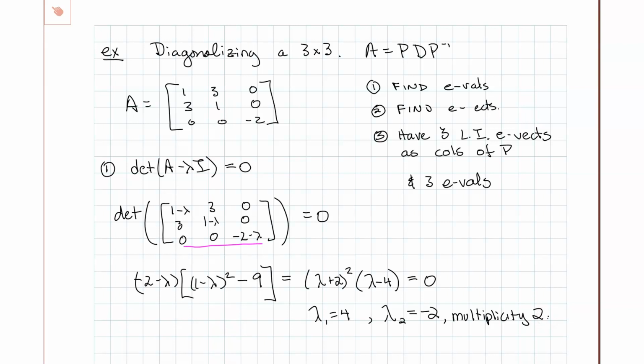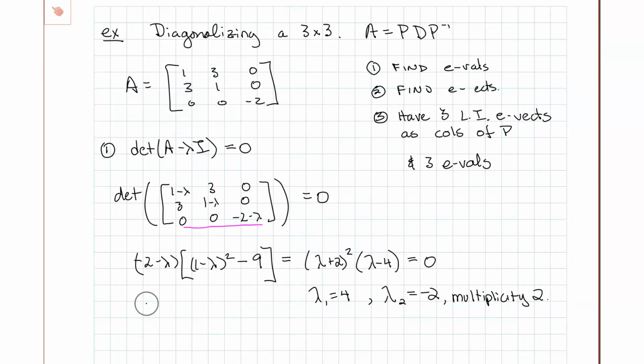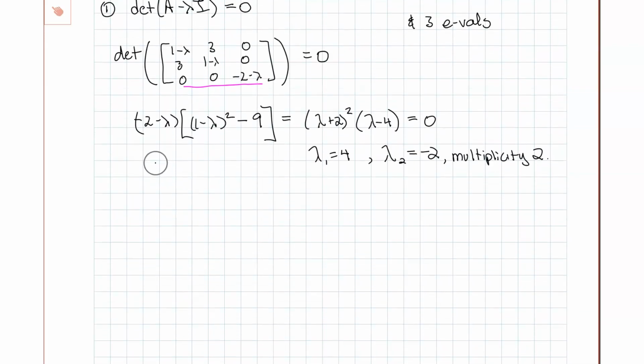Now we need to find the associated eigenvectors. So we move on to step 2. We'll start with lambda 1 equal to 4 and set up the homogeneous system that we need to solve. So we're going to have A minus 4 times I times our eigenvector v1 equal to the 0 vector.